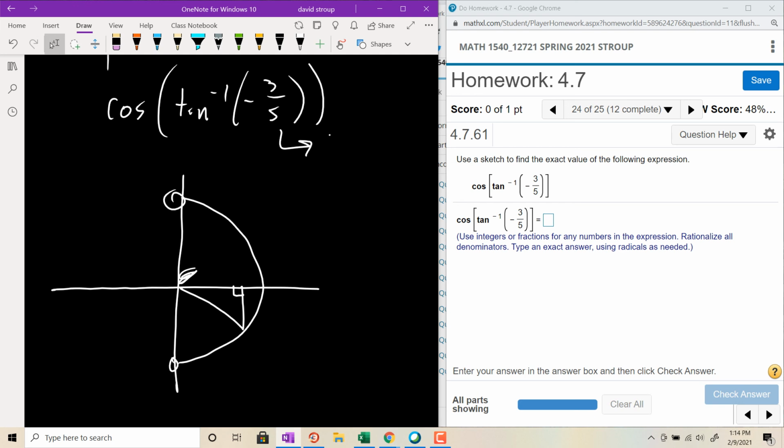This is opposite over adjacent. So the opposite side has to be the negative, because it's going down, and then the adjacent will be 5, and this will be, whoops, can't be 3. Opposite over adjacent, right? What did I do wrong? Oh, so 3 squared plus 5 squared equals c squared. 9 plus 25 is 34.